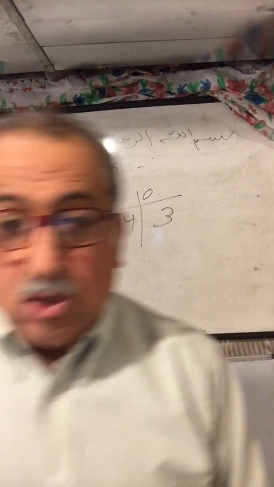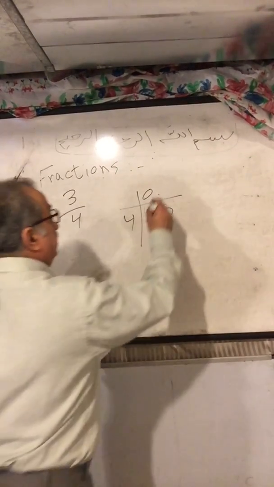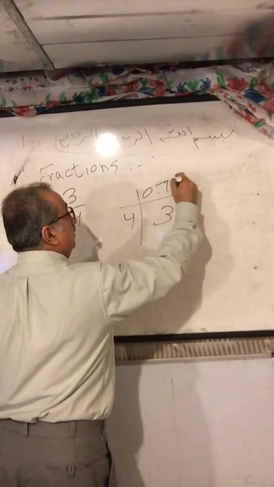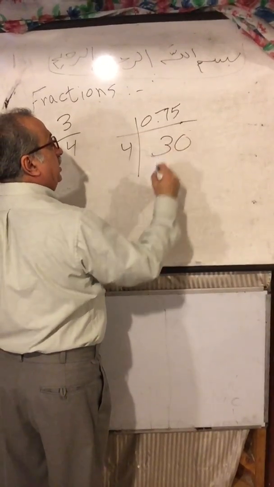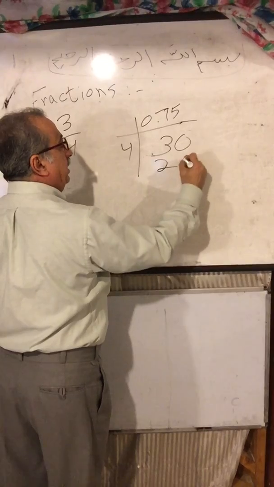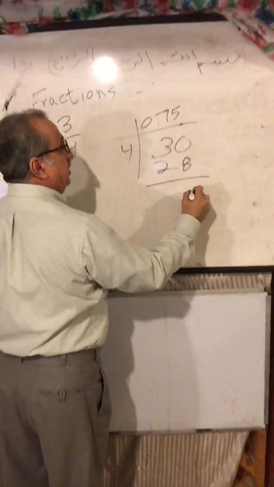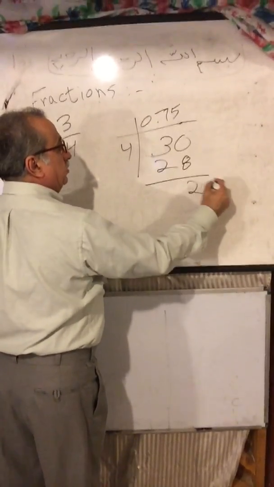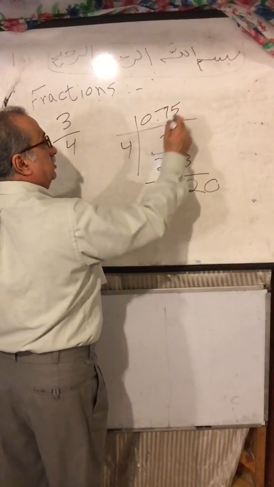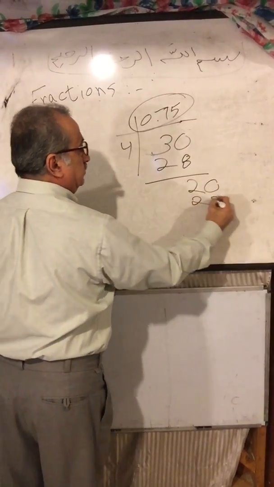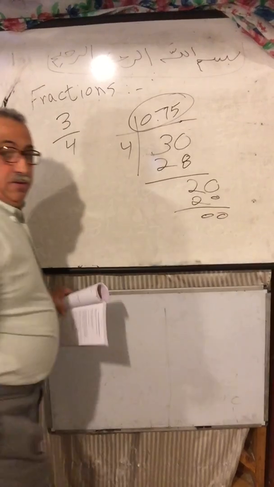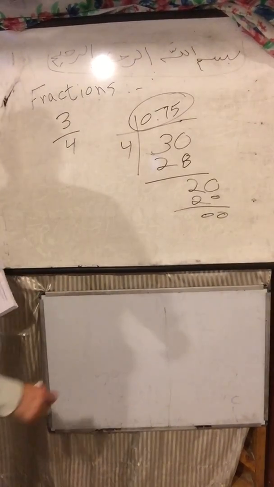Okay, so 3/4 is 0.75. Right, 0.75. 7 times 4 is 28. The remainder is 2. We add a 0 here. 20 divided by 4 is 5. So the answer is 0.75.